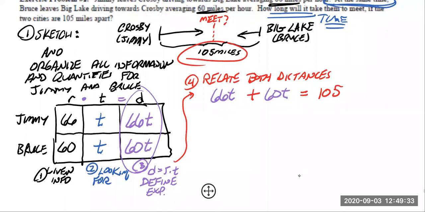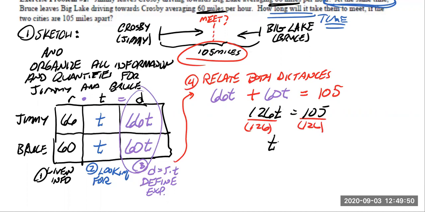So I'm going to add my terms together. This would be 126T equals 105. And then I need to divide by 126 or cancel, right? And so when I do this, I get T equals, and this would be a tough one to simplify, but 21 actually goes into 105.